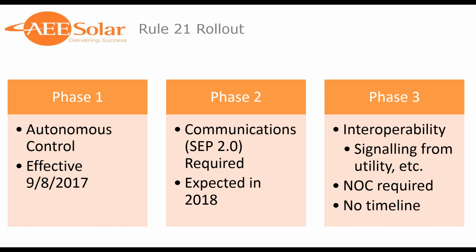I think this is going to mean that some sort of network operating system is required, either from a utility or from a demand aggregator like an Enernoc, or a grid services company. No timeline on this yet, but that's the future that we foresee. So these are all things that will be happening in the future in California. I'm not up to speed on Hawaii, but I imagine something similar is on the books there as well.